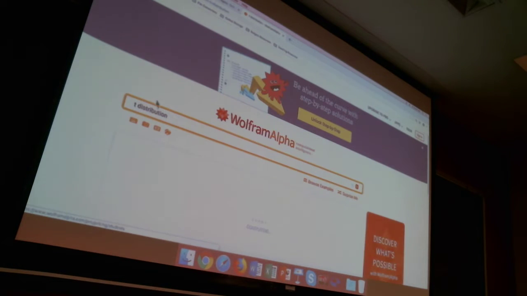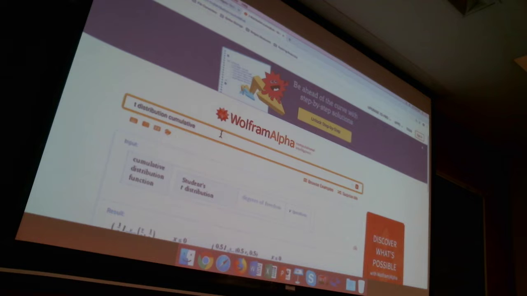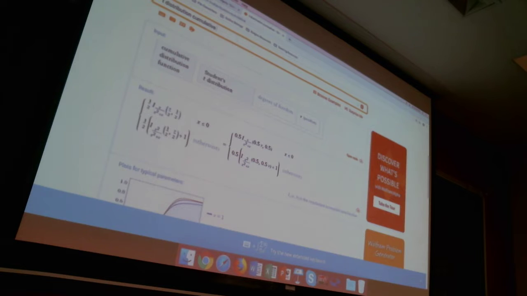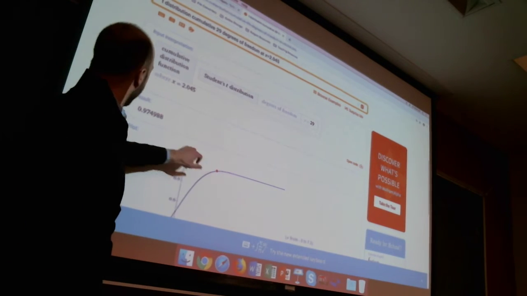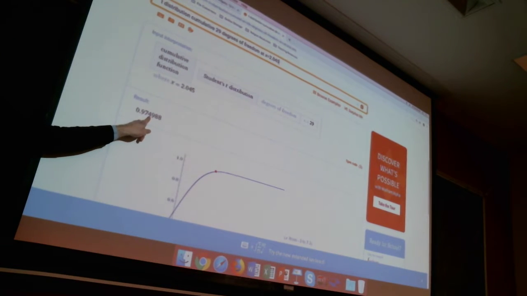With 29 degrees of freedom, and at x equals 1.96, which is the incorrect value. First, let's check if it gives me the right value, 2.045. So 2.045 is the actual t value that I want, and there the value is 97.5. In other words, 2.5% is the error.